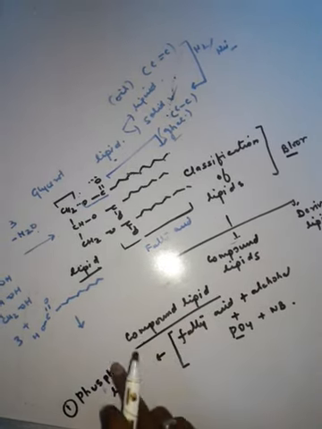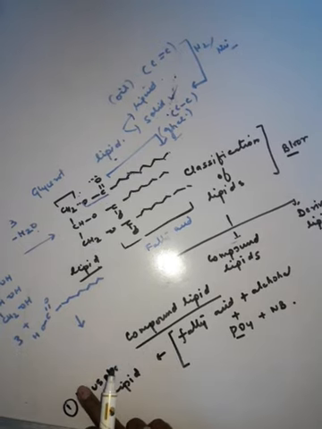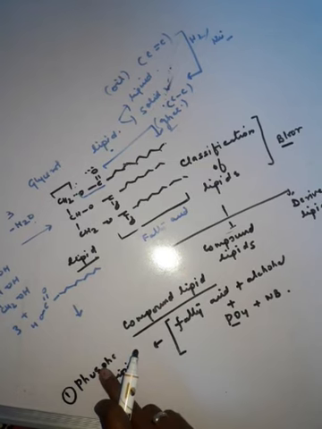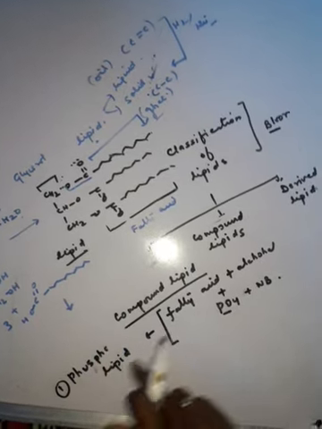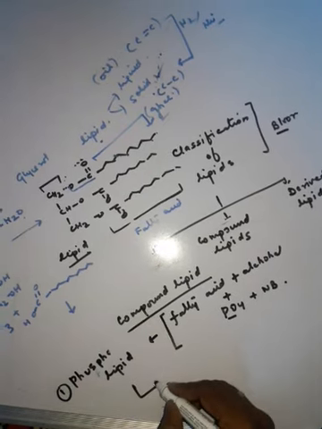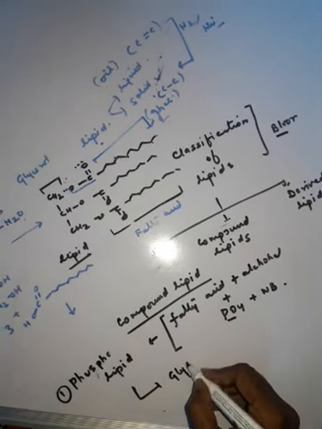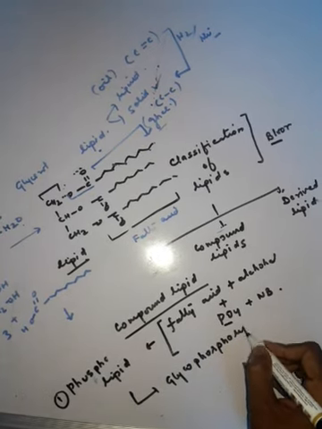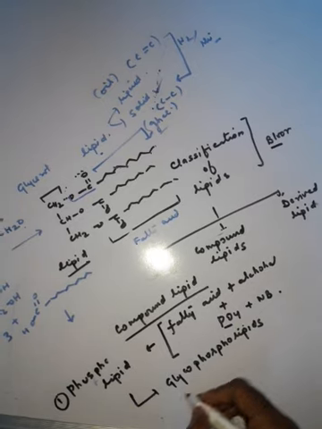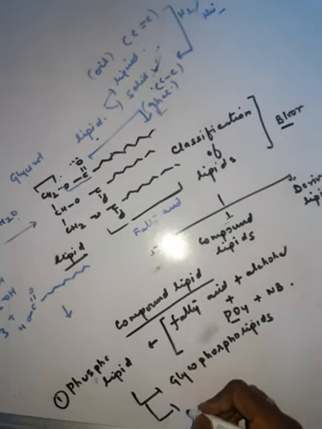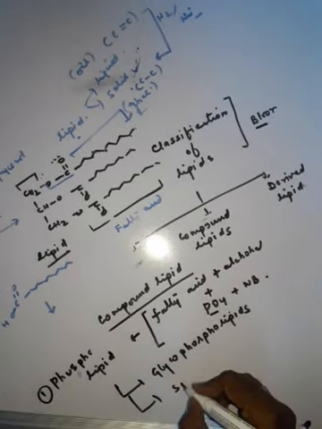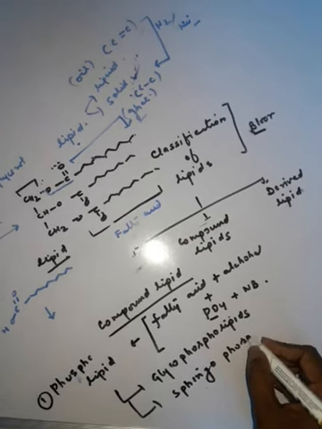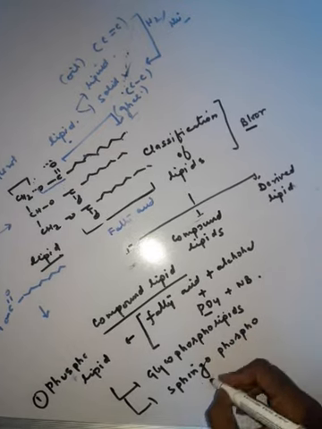Phospholipid is further categorized into glycophospholipid. The second one is sphingophospholipid.